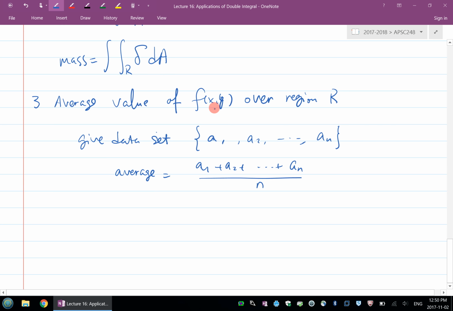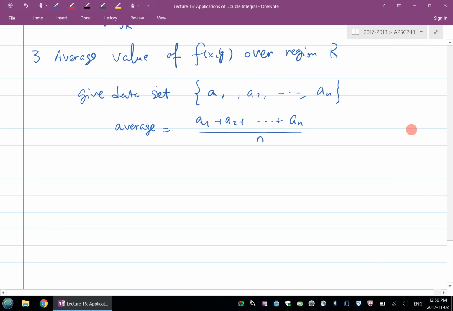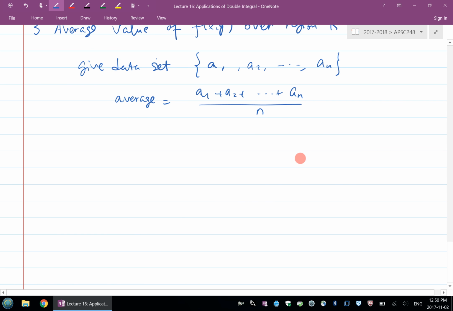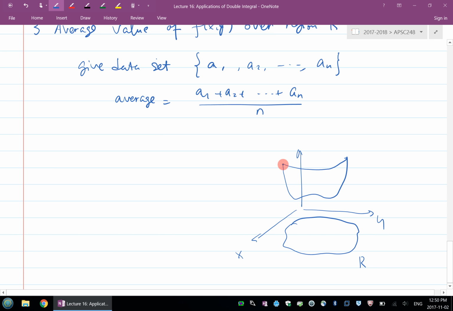Now, the question we're looking for is the average of this function over the region R. So let me draw something here to illustrate the difference. Let's say we have a region R here in the xy plane, and then we have some kind of function on top of region R. And here is your f of x, y.